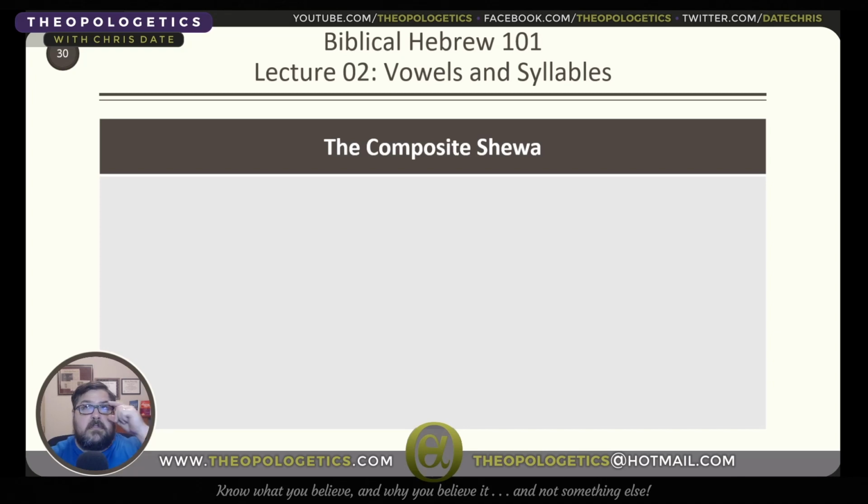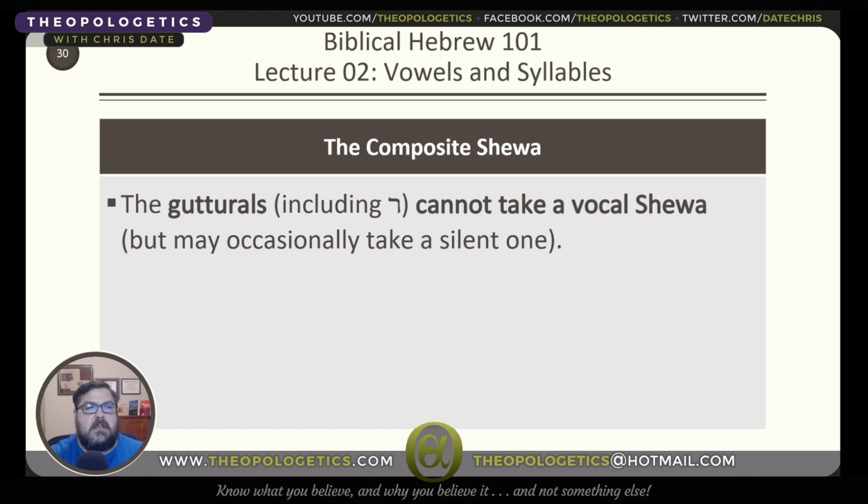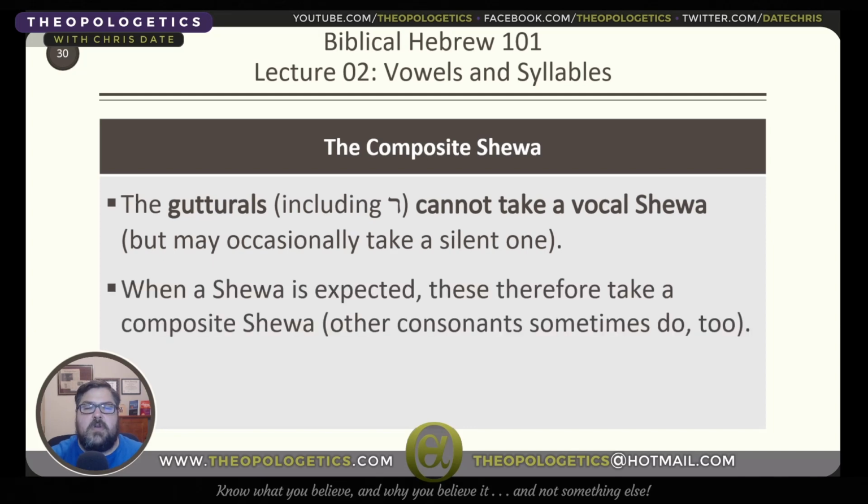Now, I've just introduced you to the composite shewa, so let's talk about it a little bit more. The gutturals, including reish, cannot take a vocal shewa, although they can sometimes take a silent one. Because they cannot take a vocal shewa, when a shewa would normally be expected under one of these gutturals, they therefore take a composite shewa.